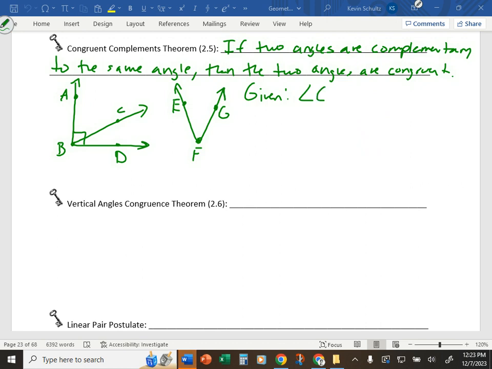CBD is complementary to angle, hold on, EFG. No, I didn't confuse myself. Just hold on. EFG!